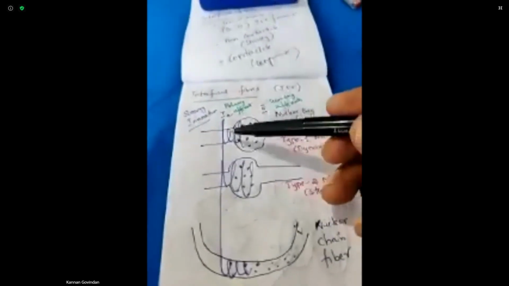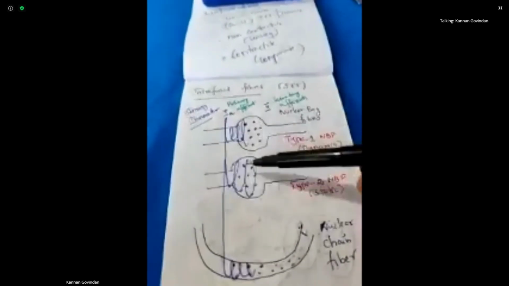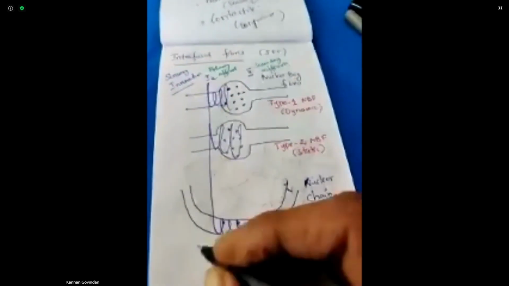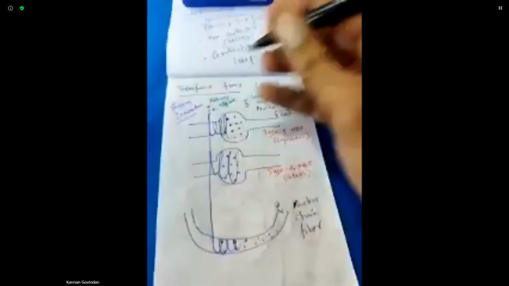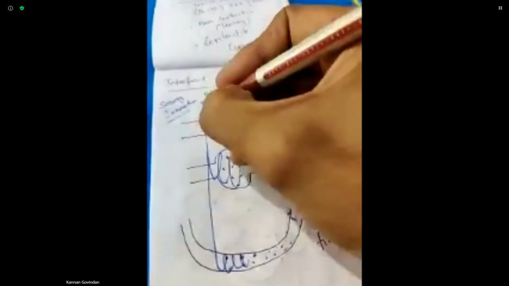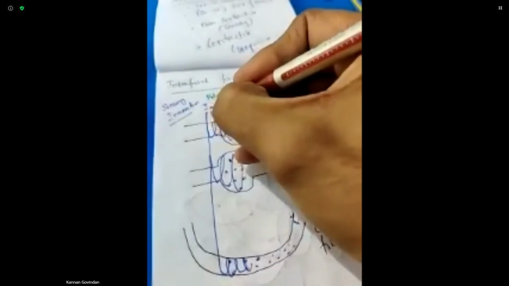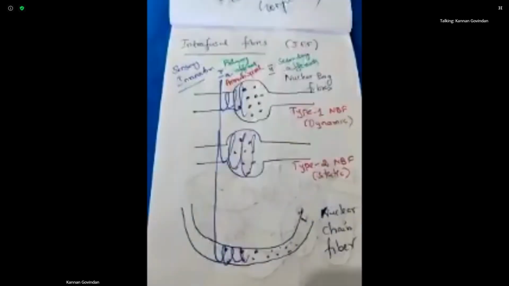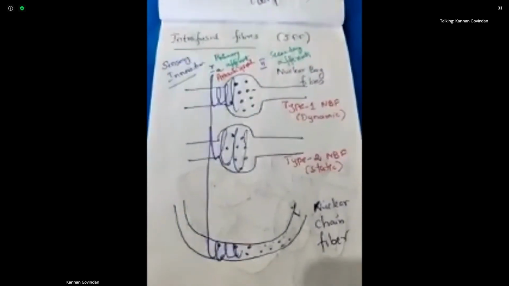You can see the nerve endings are coiled spirally around the fibers. So the 1A afferents are also called annulospiral endings.